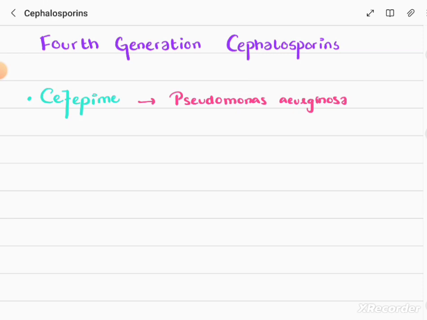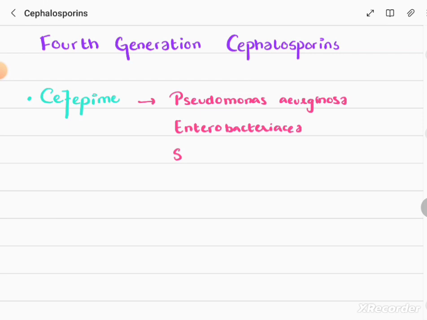And cefepime has good activity against Enterobacteriaceae, which means it has activity against E. coli and Klebsiella pneumoniae and all the infections that are caused by these bacteria.